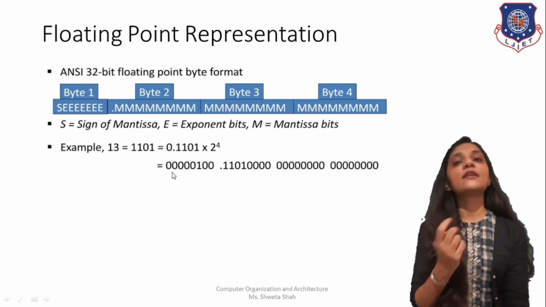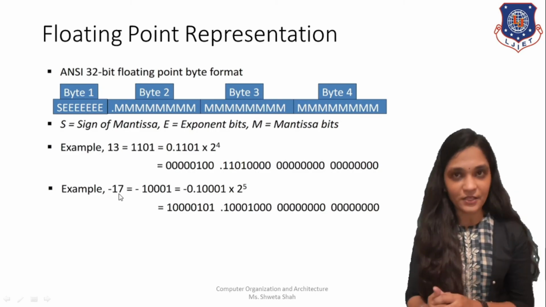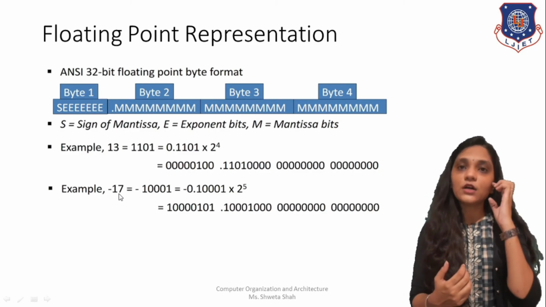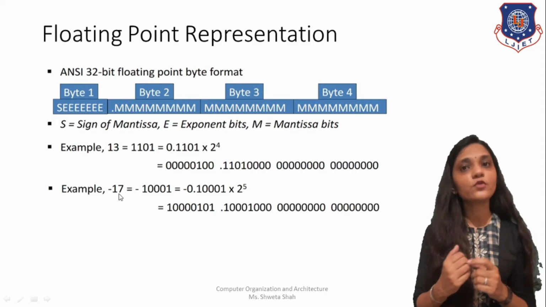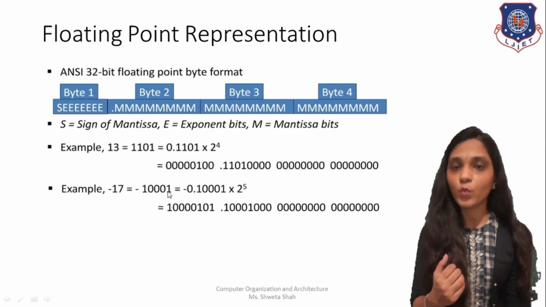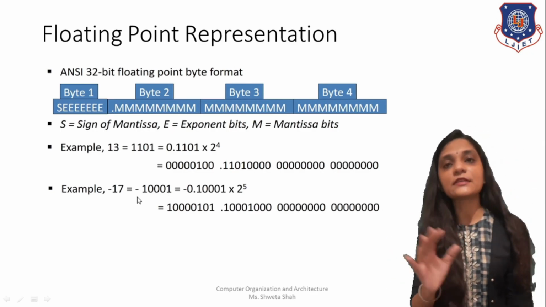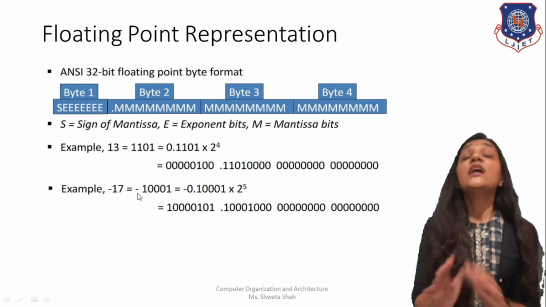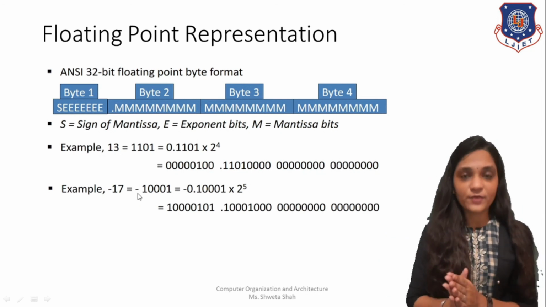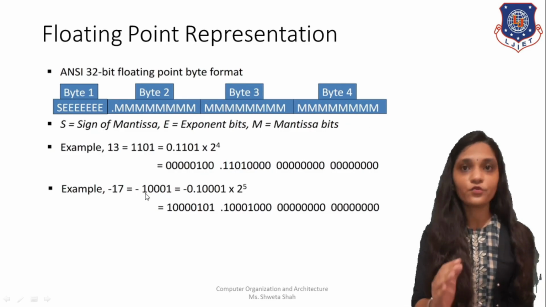Let me see another example, one that is negative. For example, we have a number like -17. To represent this number, the bit pattern for 17 is 10001, and since it is negative, for simplicity we put a minus here. This is not a normalized number. To normalize it we have to shift the binary point 5 times.